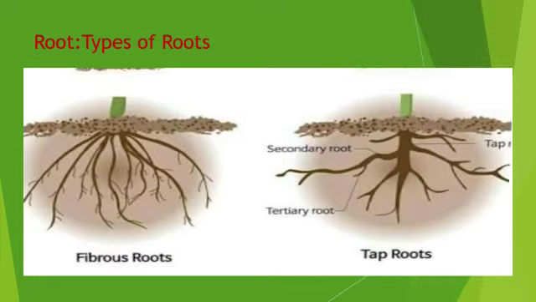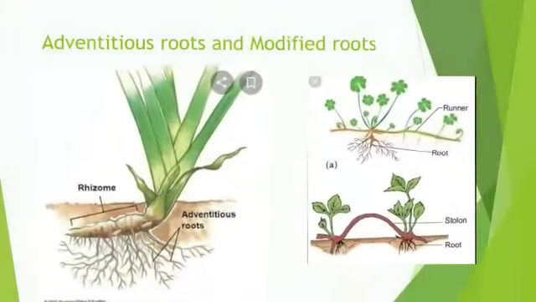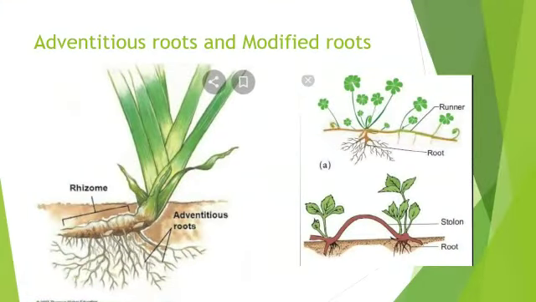Roots of some plants produce secondary roots that grow obliquely and spread far and wide in the soil. Roots support the plant. This type of root is called a taproot. Roots bear hair-like processes near the root tips. These are root hairs.